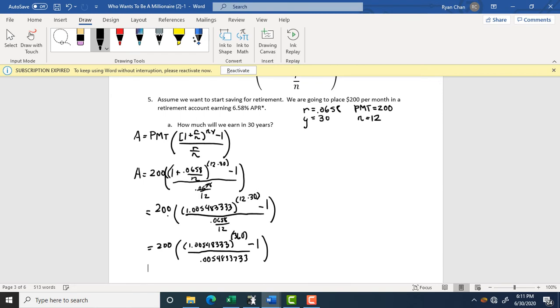Okay. Now when you get to here, order of operations, remember we're going to do exponents, right? I'm going to raise this to the 360, I'll subtract, and then I'll divide, and I'll multiply by 200.